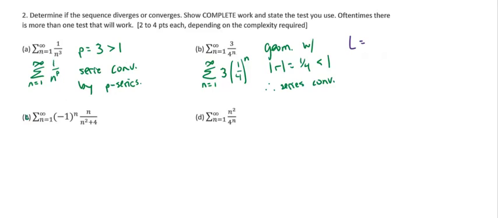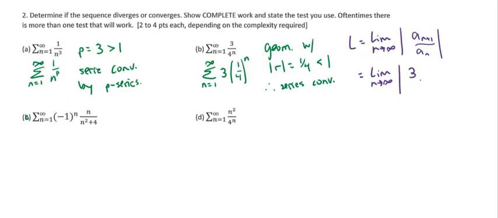So I'm going to write L equals limit as n goes to infinity, absolute value, of a sub n plus 1 over a sub n. I always like to write that line because that typically gives me points. Now I'm going to plug in those pieces.